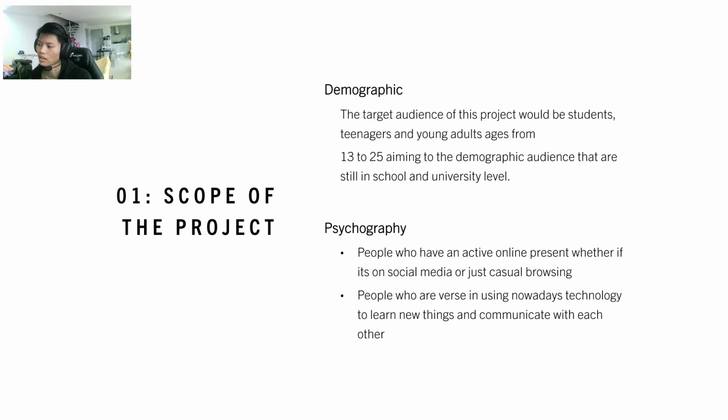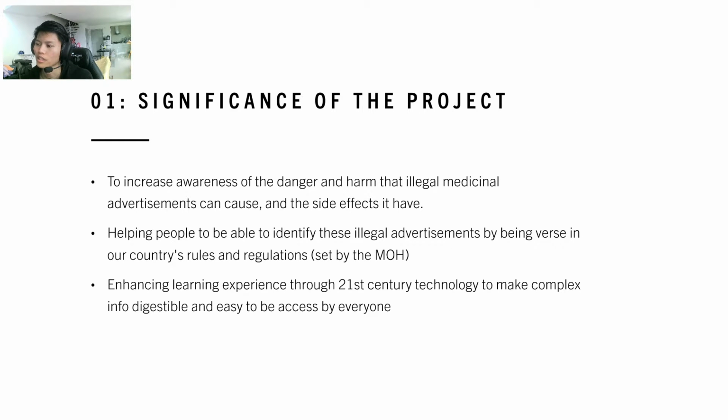So having this demographic can be a starting point for us, in which we could experiment and see how they adapt to this new way of learning. And last one, like I said before, people who are versed in using today's technology to learn new things and communicate with each other.